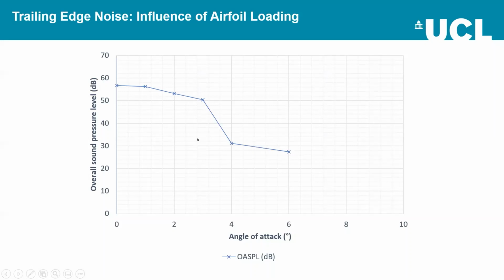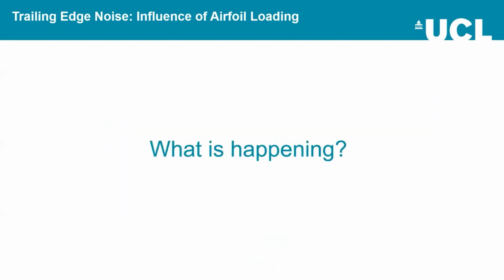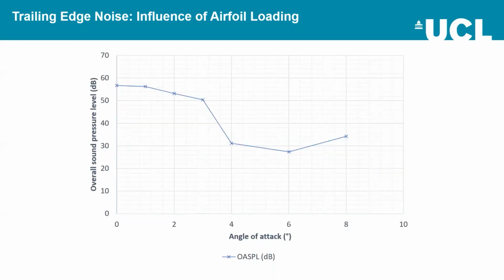And then moving out further, we see a trough, and then it starts to increase again as we move to 8 degrees. So we've got a very non-linear relationship between the airfoil loading and the overall sound pressure level. And we immediately asked, what's happening here? Why is this happening? And what we see is that as the angle increases, we start to see separation on the suction side.